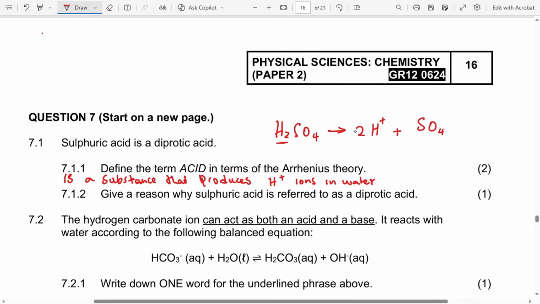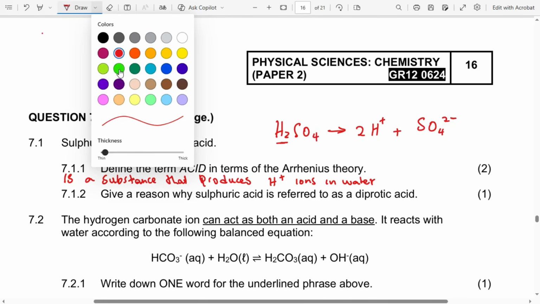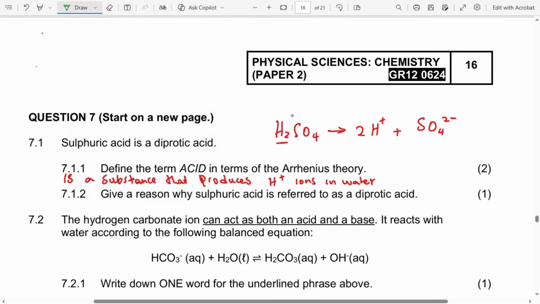Since it gave away 2 of them, the ion will be 2 minus. So when you see this type of problem, just know that this is what we call a diprotic acid. A diprotic acid, you will see it having H2 or more than that.